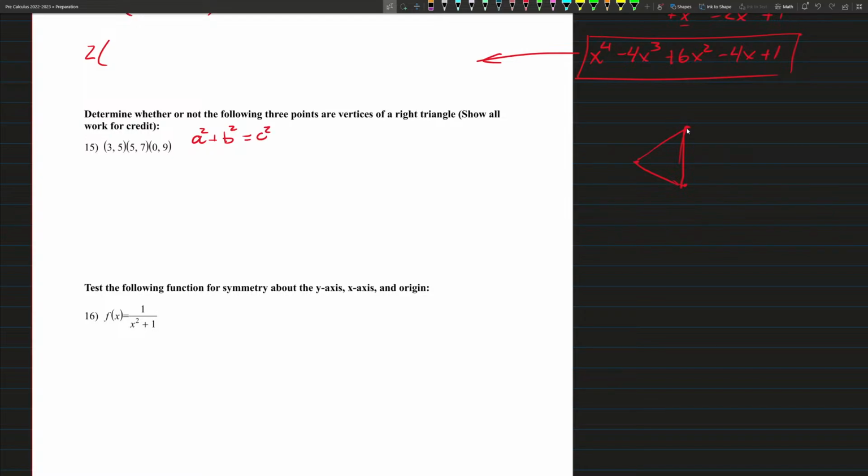So we need to find c, a, and b, and then plug them into the Pythagorean theorem and see if it works. So we need to find the distance between these 2 points, these 2 points, and these 2 points.